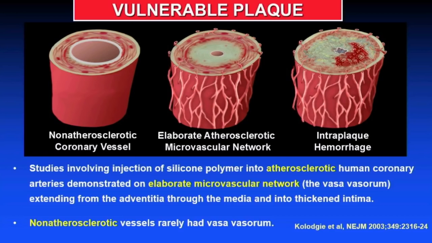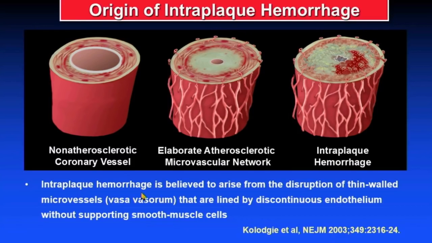As a result of the ischemia, you get the vasa vasorum developing as an attempt to revascularize the wall. Now, these vasa vasorum come from the adventitia, extend through the media into the intimal surface. The interesting thing about the vasa vasorum is that there's a discontinuous endothelium which doesn't have supporting smooth muscle cells.